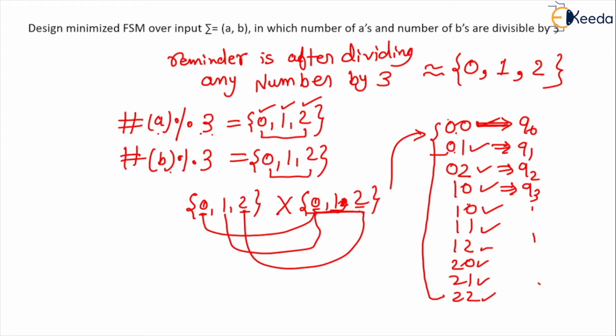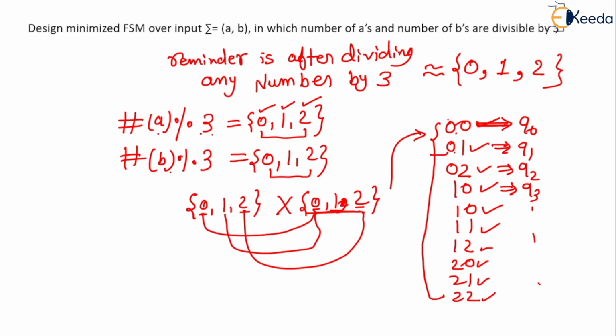Now, how to construct this particular finite state machine? Just see here, there are 9 states in total. The first one is 0,0. We construct the structure of the machine for the inputs 0 and 1. Got it? That is the state and input.